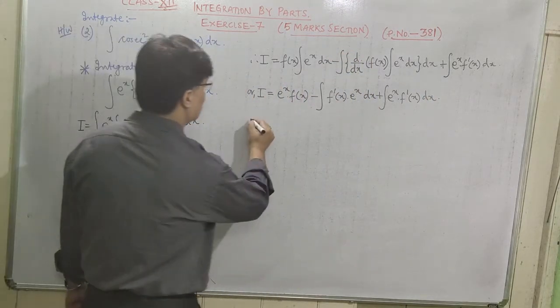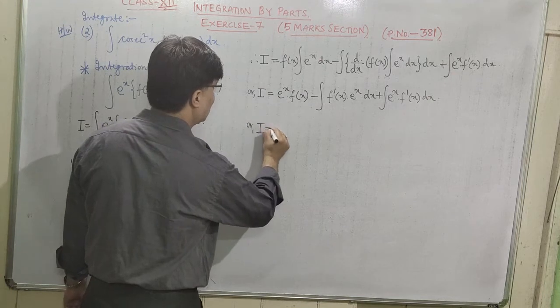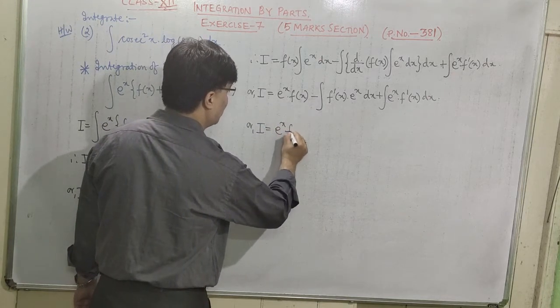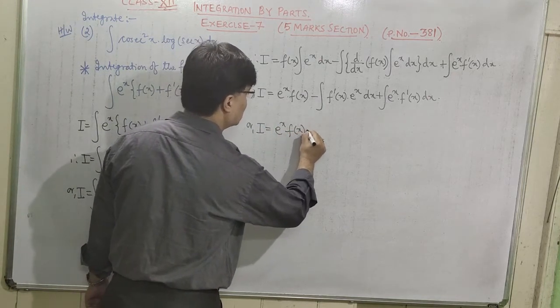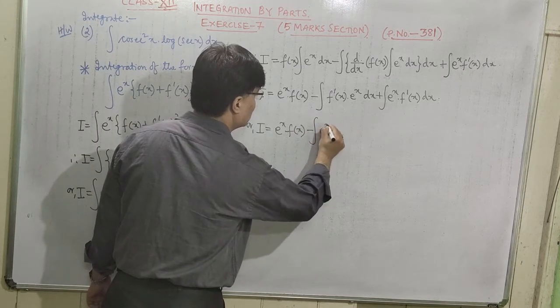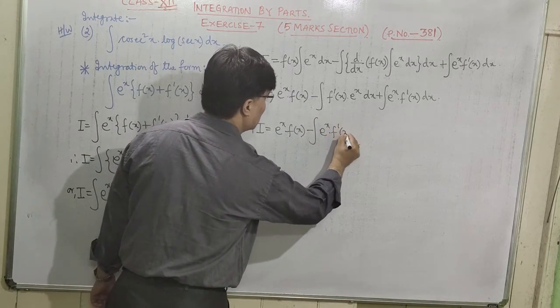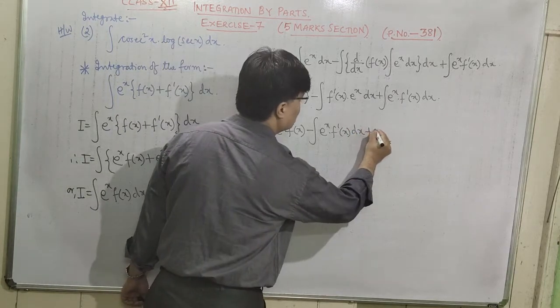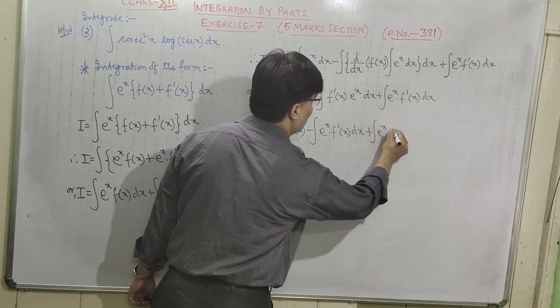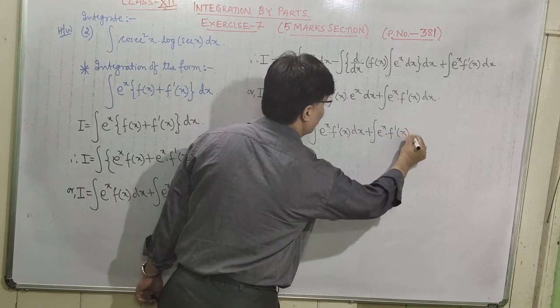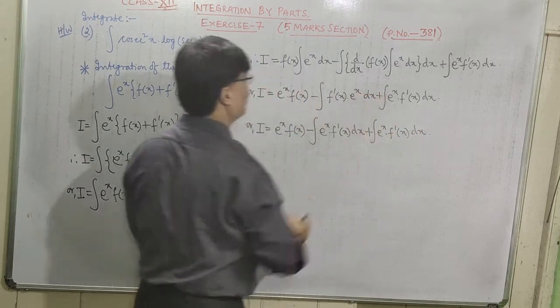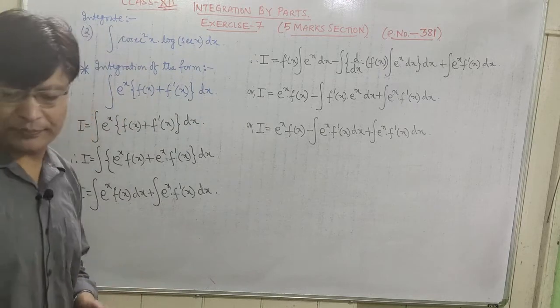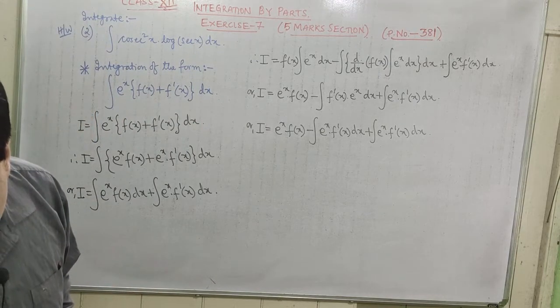Understood now? So, or I is equal to e to the power x f of x minus integration of e to the power x f dash of x dx plus integration of e to the power x f dash of x dx. Is that clear now? So now let us simplify here.